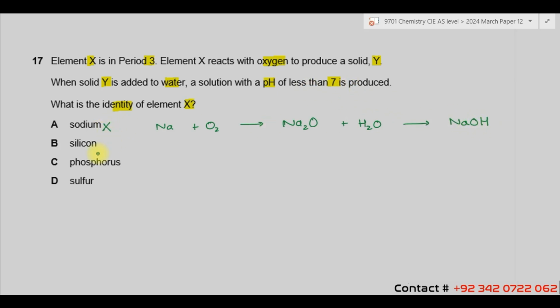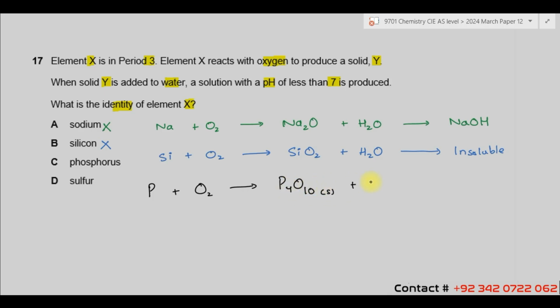A is incorrect. Then B is silicon. Silicon reacts with oxygen to form silicon dioxide, SiO2. SiO2 is insoluble in water. So there is no pH change. Phosphorus reacts with oxygen to form solid phosphorus oxide.